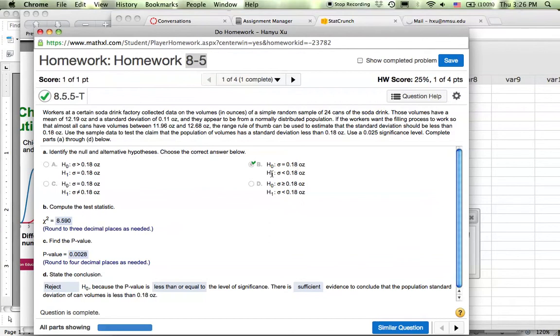And the alternative hypothesis is standard deviation less than 0.18, which is the thing they are interested in in the question. Okay, so you need to choose this B. Next, it asks you to compute the test statistic and get the p-value. Those two you can get from the StatCrunch.